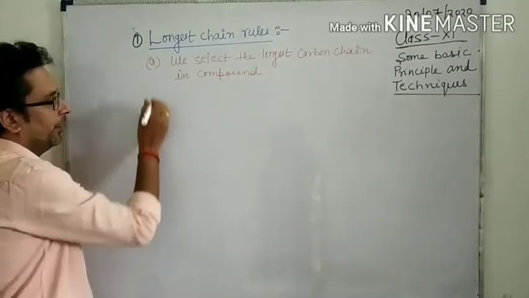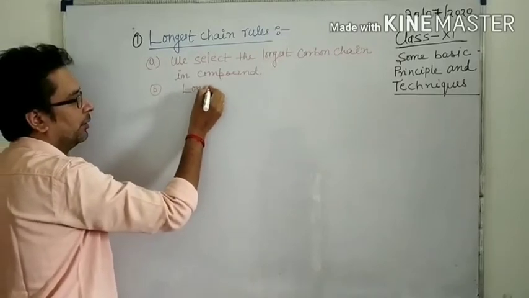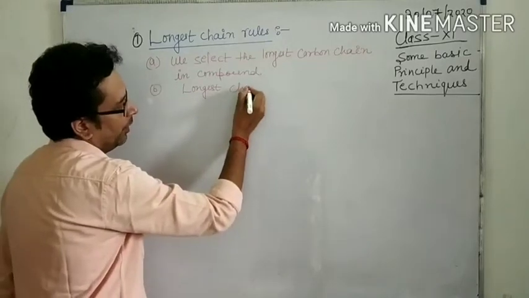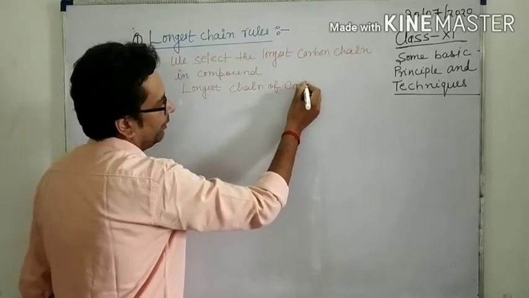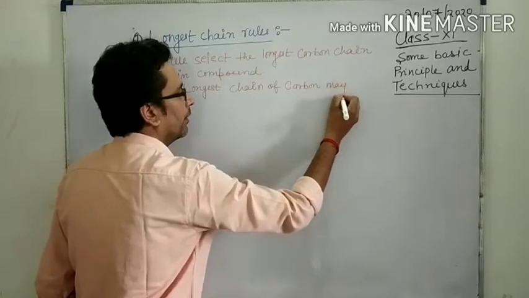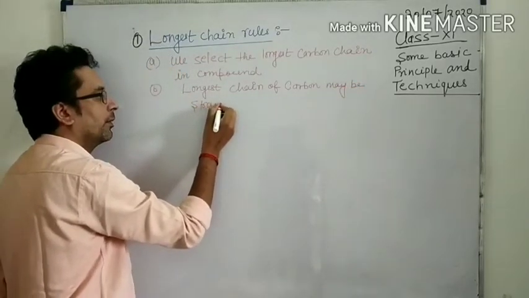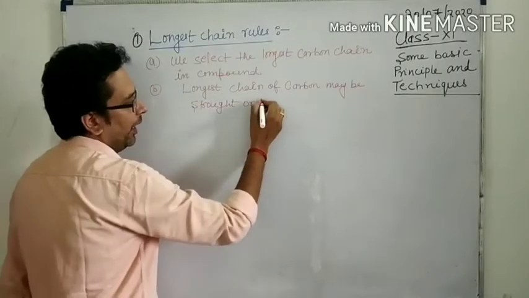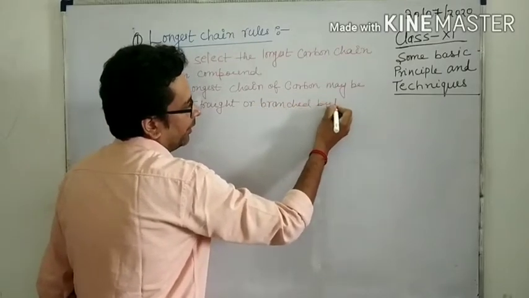Now the second point: the longest chain of carbon may be straight or branched but continuous.